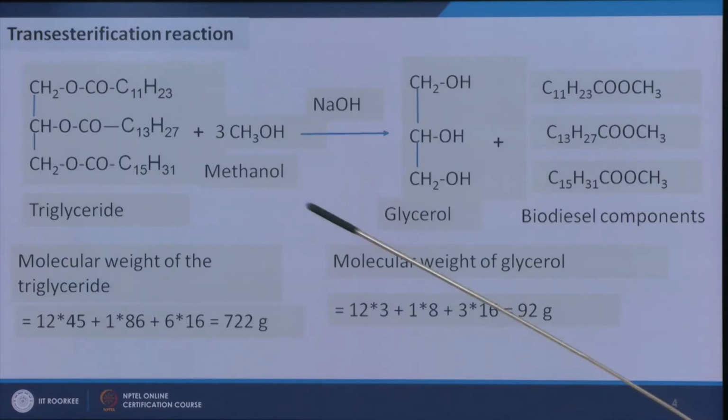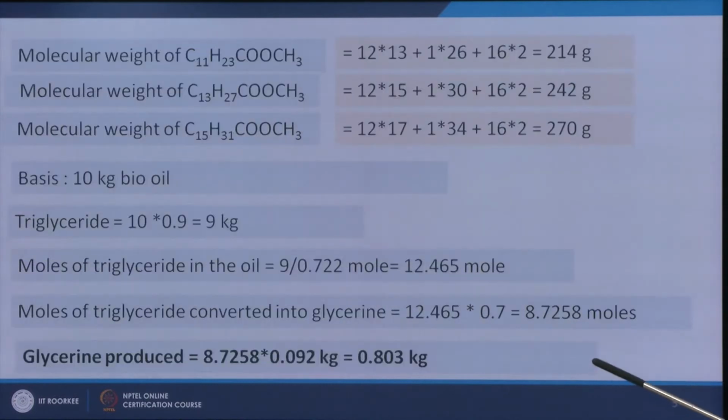One triglyceride gives 1 mole of glycerol and also 1 mole of each ester. So, the glycerin produced is again 8.7258 moles into 0.092, that is in terms of kg. We are converting these moles using the molecular weight to get kg. So, glycerin produced is equal to 0.803 kg.